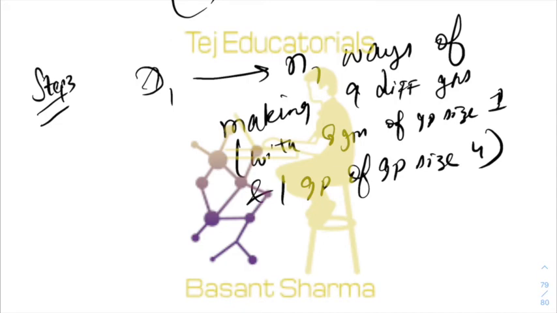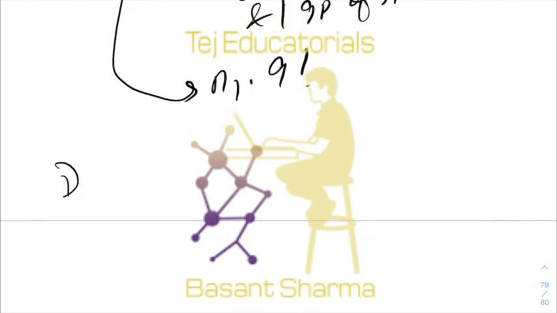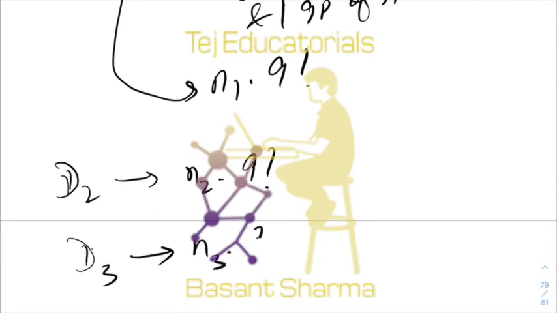Now we have to decide which person will get which group. That can be done in 9 factorial ways, right? So corresponding to D1 you have N1 into 9 factorial ways. Similarly, corresponding to D2 you will have N2 into 9 factorial ways, and corresponding to D3 you will have N3 into 9 factorial ways.